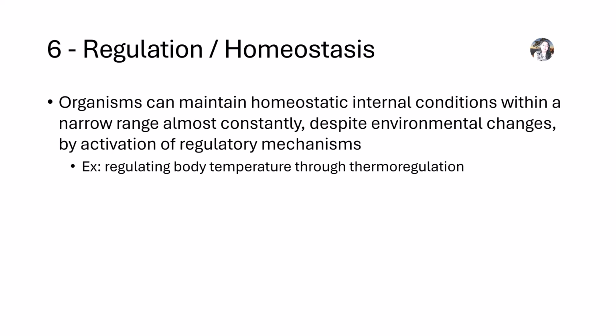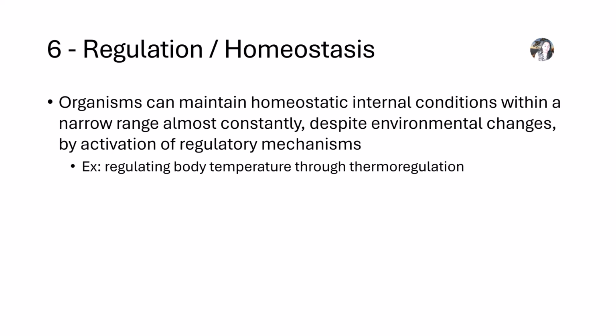Organisms can maintain this homeostasis internal condition within a narrow range pretty consistently. For example, our body has an average body temperature of 98.6, and that's pretty good. That shows that our body is really good at maintaining that stable, constant temperature despite all the heat outside right now.